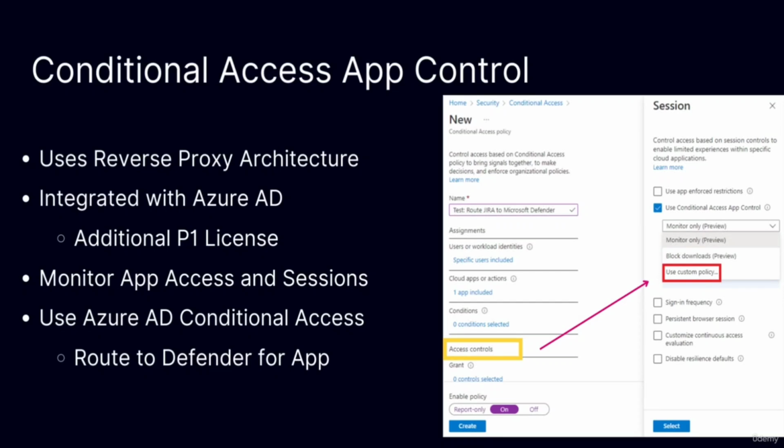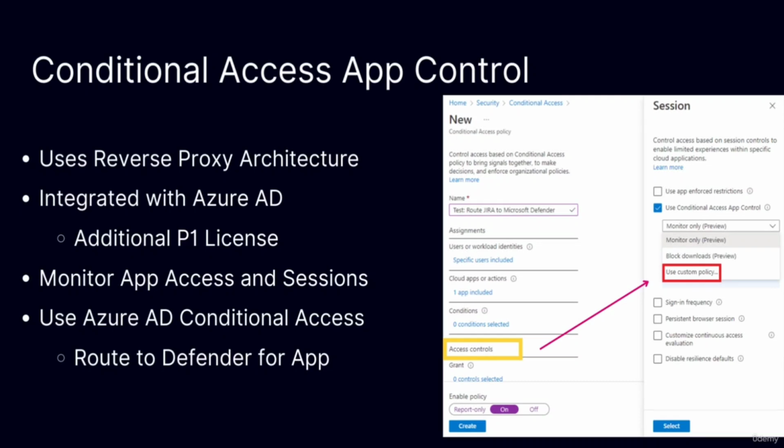You need to create the policy so that you can route the users to Defender for Cloud Apps. And this is where you can protect your data as well as access using Defender for Cloud Apps. As we mentioned before, Microsoft Defender for Cloud Apps is a CASB.